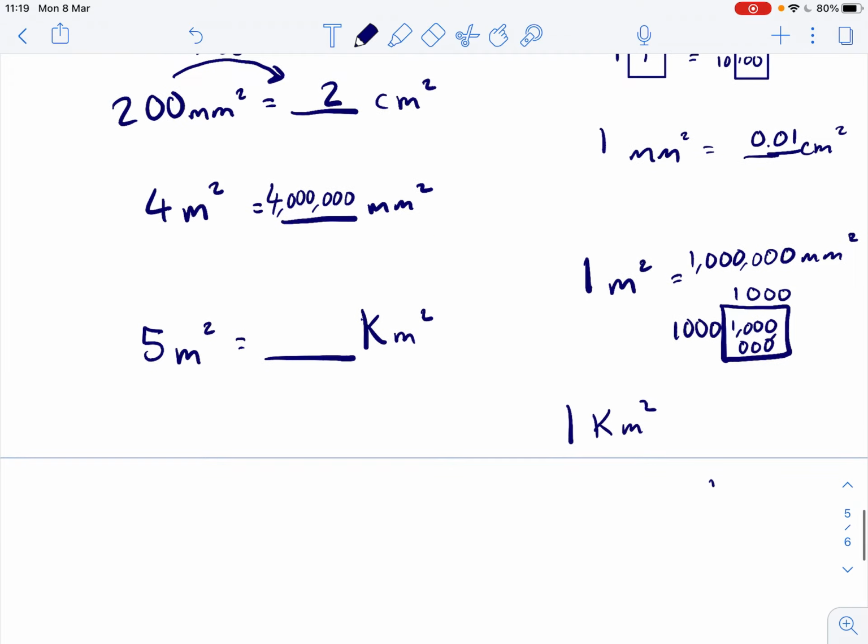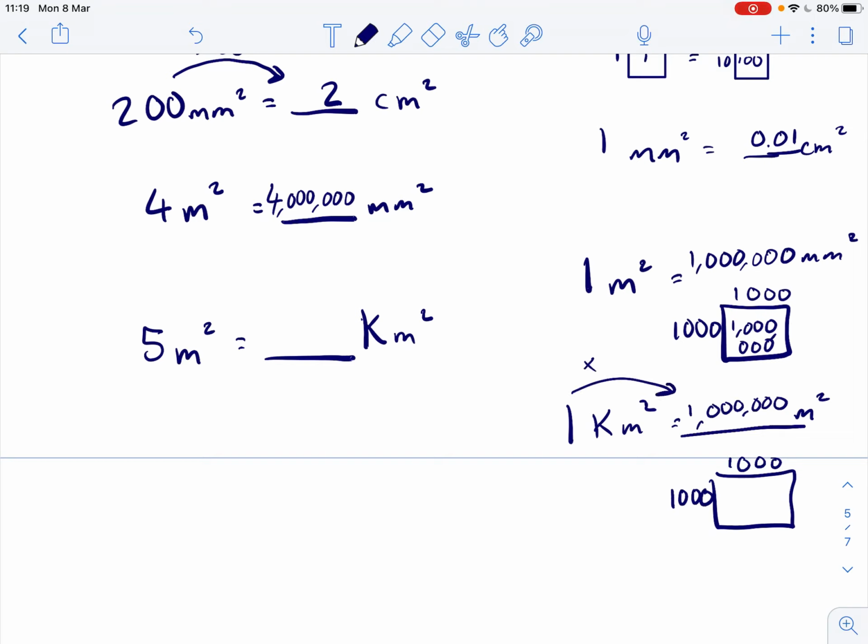And again, it's the same ratio, isn't it? 1,000 metres in a kilometre, so we'll have 1 million metres squared. And therefore 5 metres squared is not going to be 5 million kilometres squared, because that's to go from 1 kilometre squared to metre squared.